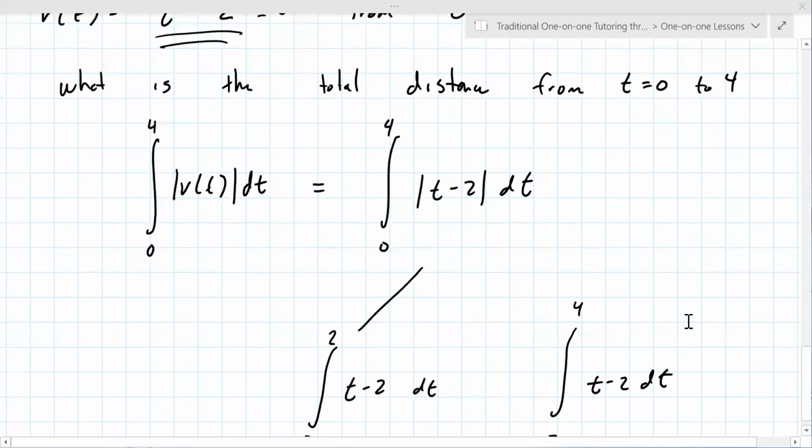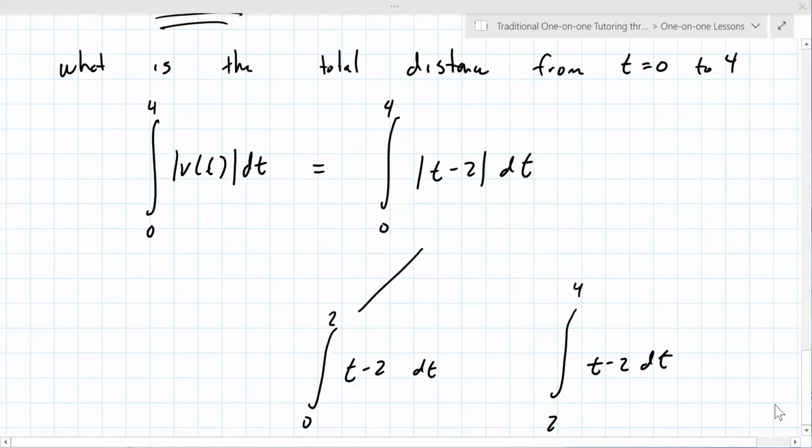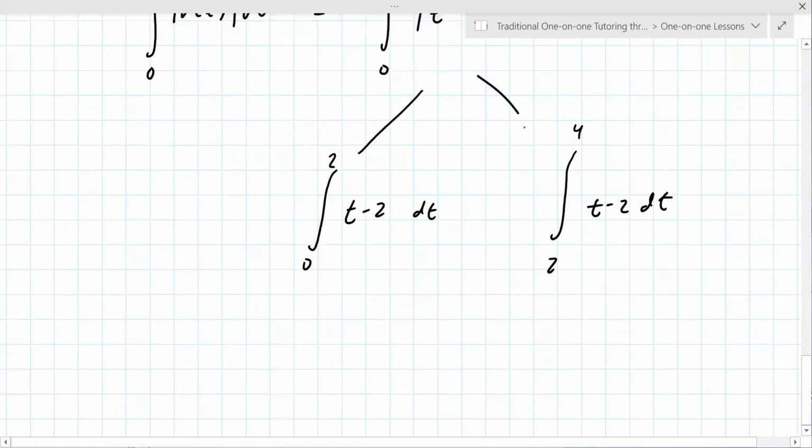All right, so the way this works is you have to figure out which one's positive. The one on the right's positive, the one on the left is negative, so you negate it. Yeah. Okay, and then you have to find your antiderivative. So that's t squared over 2 minus 2t, evaluated from 0 to 2.